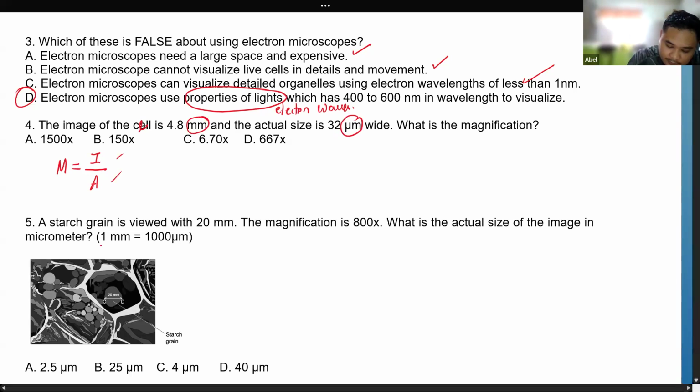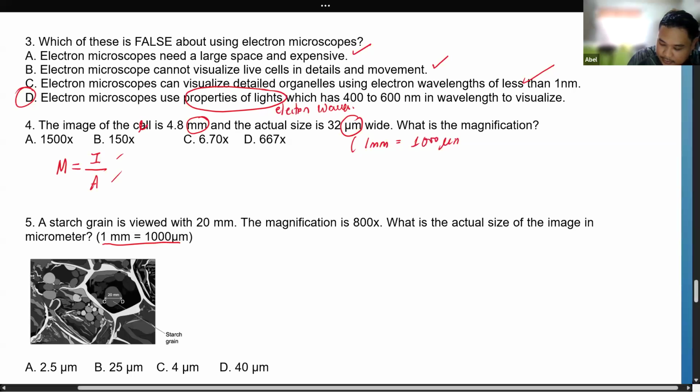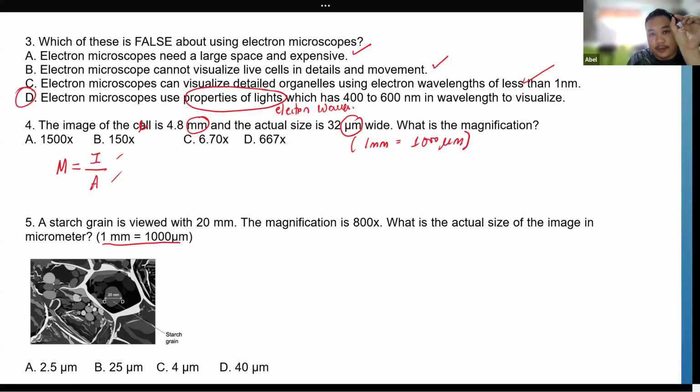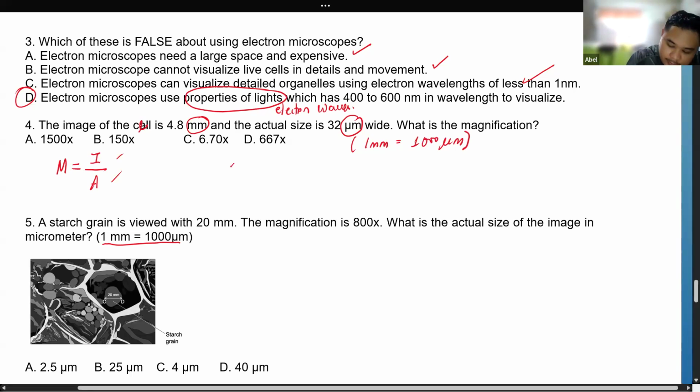But we all know from the previous discussion that 1 millimeter is equals to 1,000 micrometer. To imagine that, picture 1 millimeter of a ruler, divide that by 1,000 times, that is the 1 micrometer. So 32 micrometer wide.